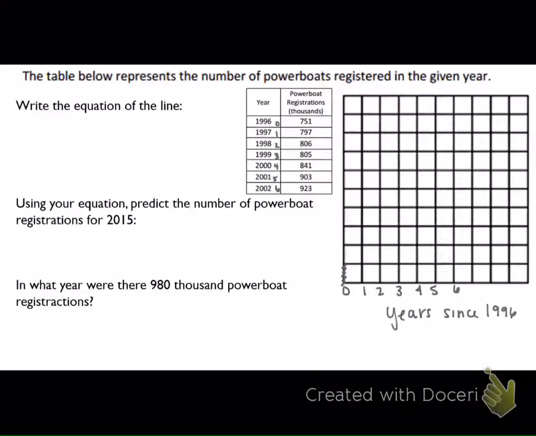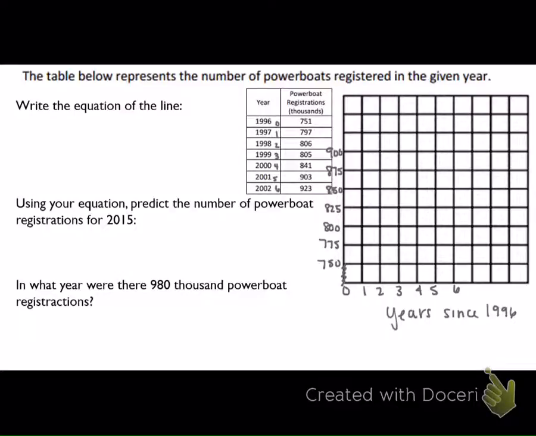And I'll start at 750 because I think that's the lowest it is. And then I'm going to count by 25 from there. So it's going to be 750, 775, 800, 825, 850, 875, 900, 925.